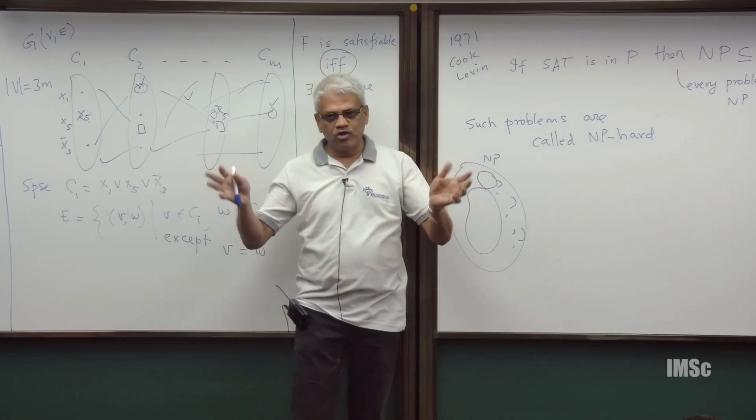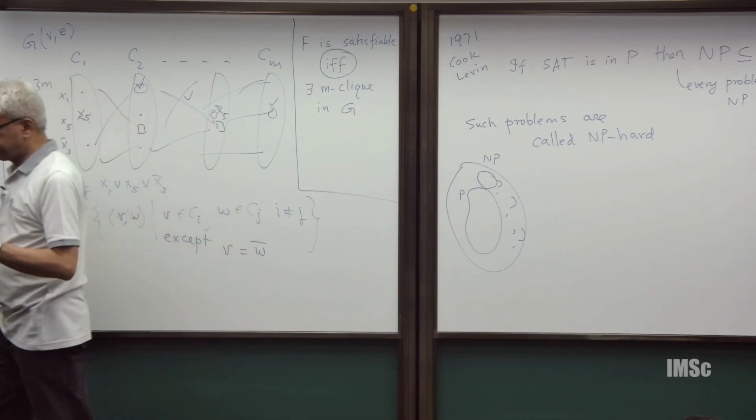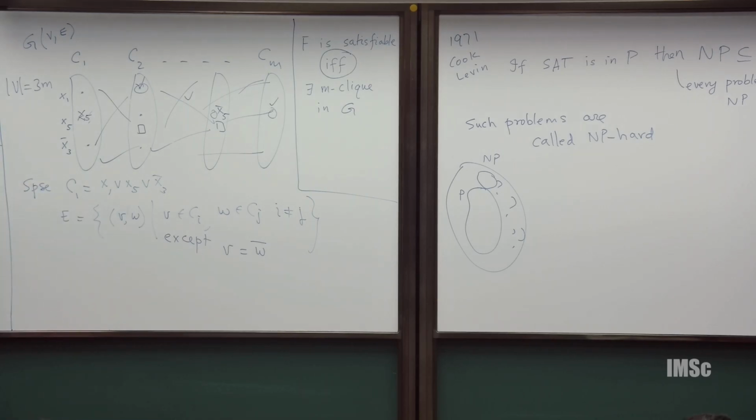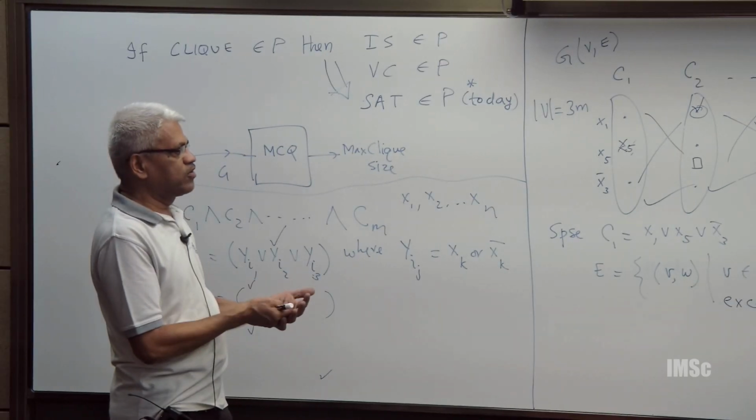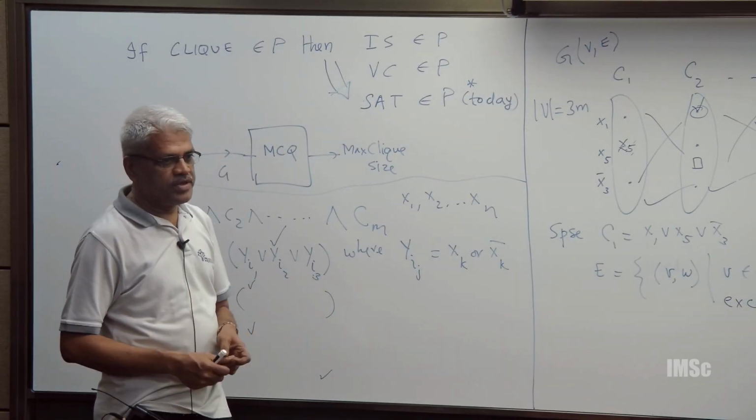Okay, and this was all defined later. And the year after that, Richard Karp came up with these kinds of reductions. He came up with some 21 problems, and he said that if these problems have a polynomial time algorithm, then everything in NP is contained in P.